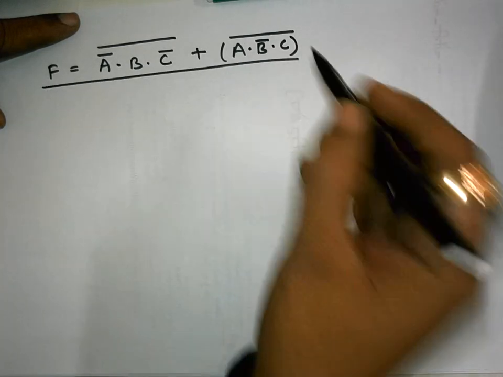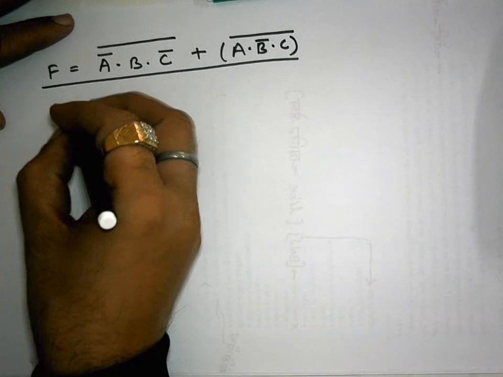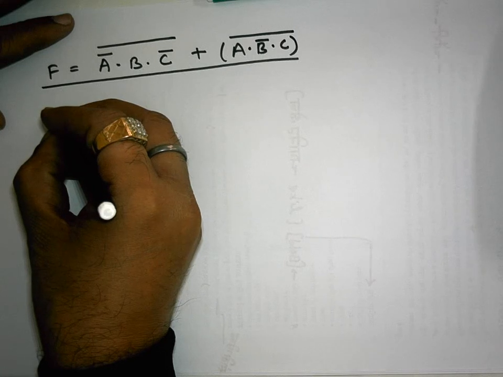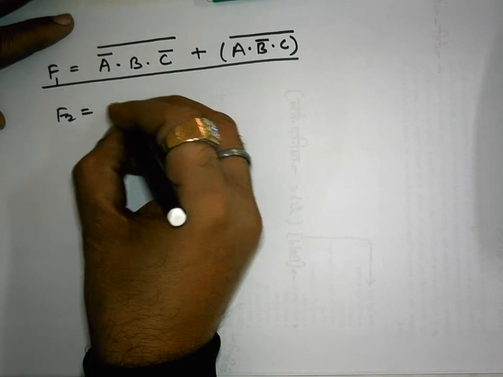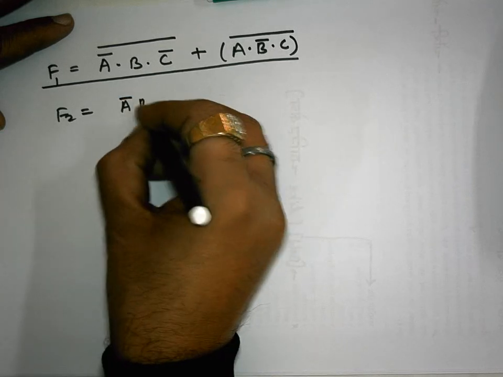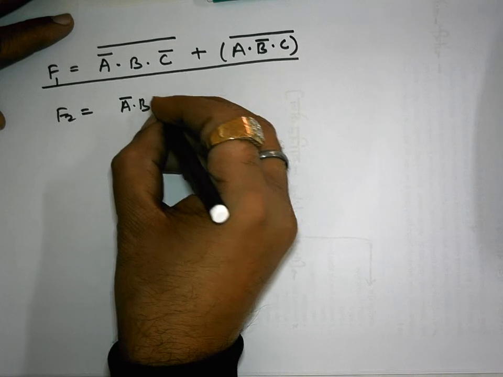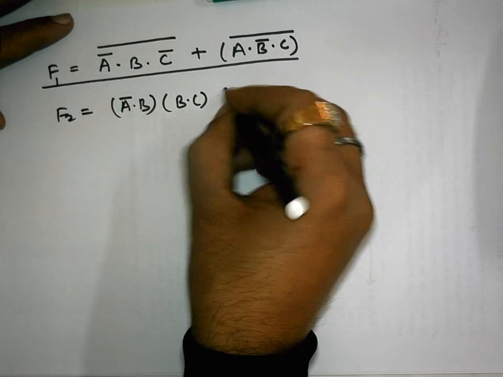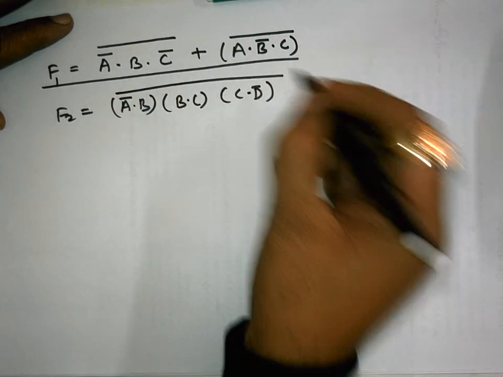Let us take it as an assignment for you, and some more assignments. You have to submit it in your next class. This is F1. F2 is A bar B. This is the assignment that you have to submit in your next class. B dot C. This is CD bar, whole bar.